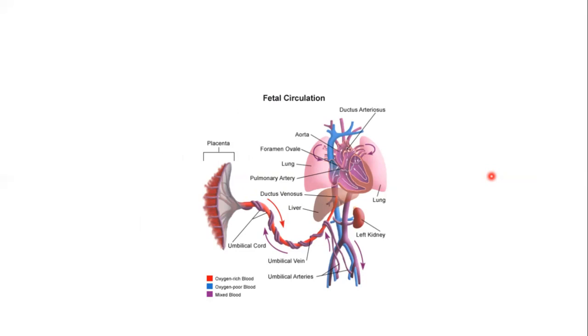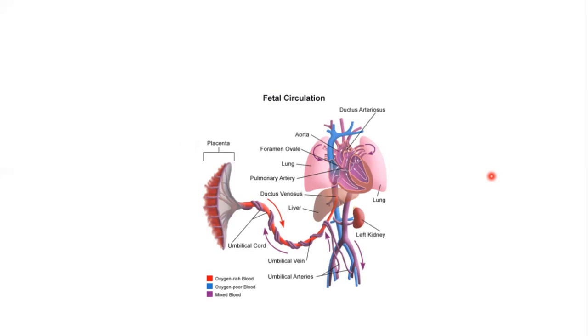Fetal circulation is very important because the fetus is undergoing massive organ development, and it needs the blood for oxygen and the necessary nutrients so that it can go through the appropriate development.